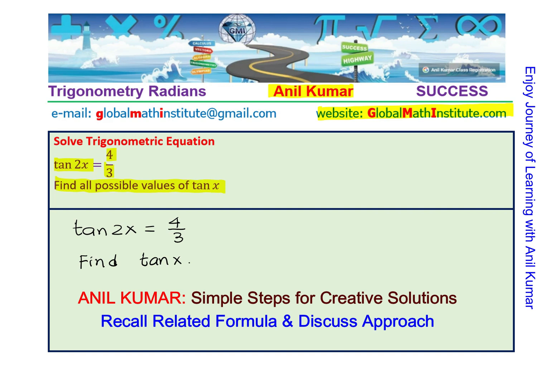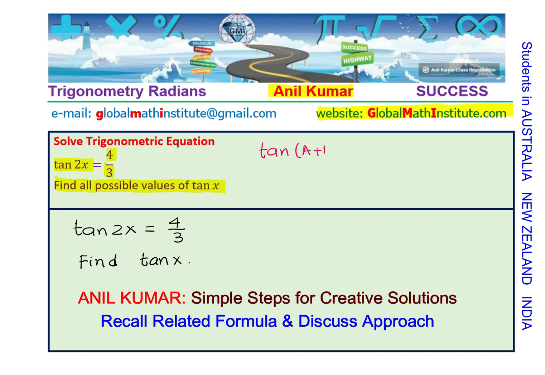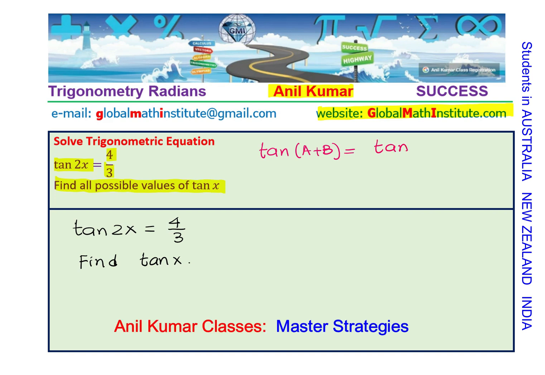Correct. So let's see the double angle formula first, which is tan(a plus b) is equal to tan a plus tan b over 1 minus tan a tan b.